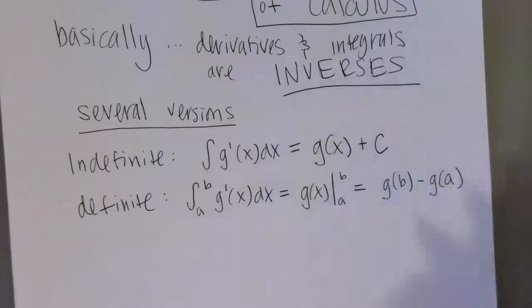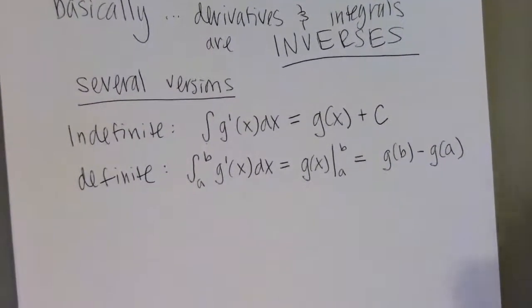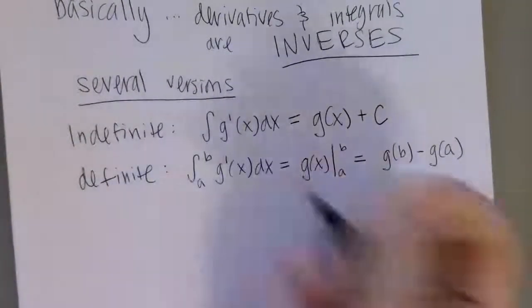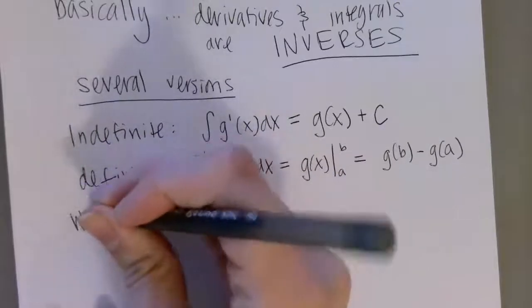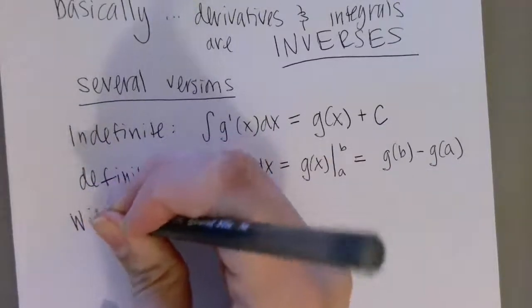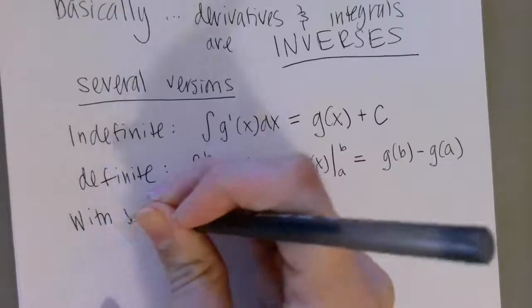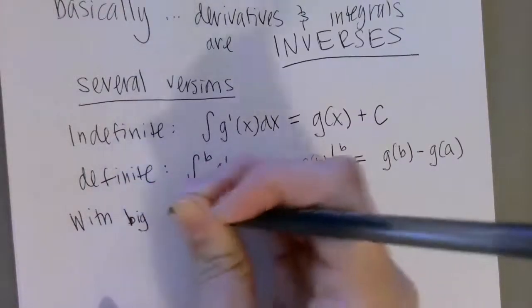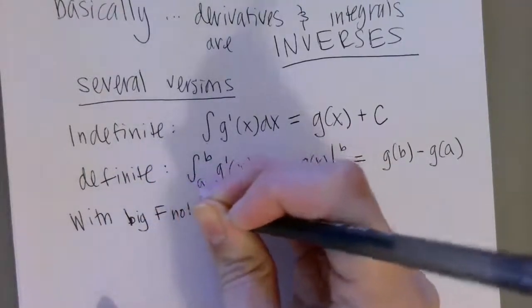Instead of using g prime as my integrand, I can also use a different function, and so I'm going to call this big F notation. So we can look at the FTC with big F notation.